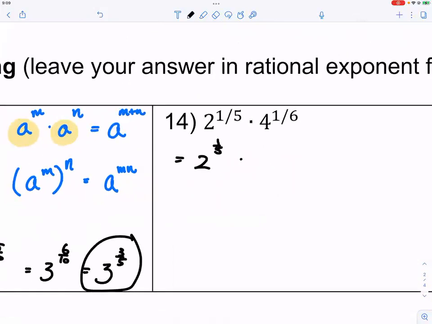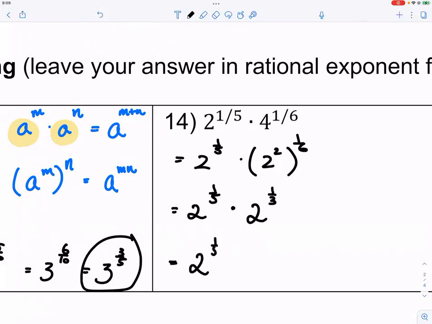So same thing right here. Well, you have a 2, you have a 4. We all know that 2 squared is 4. So we will rewrite the 4 as 2 squared. So now we have 2 to the 1/5 power times 2 to the 1/3 power. And that gives us 2 to the 1/5 plus 1/3.